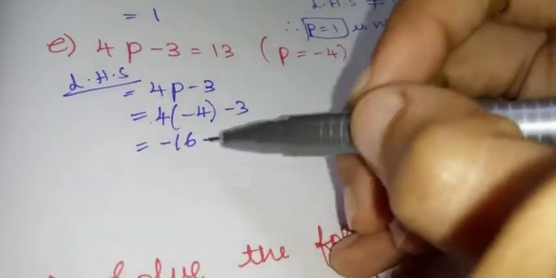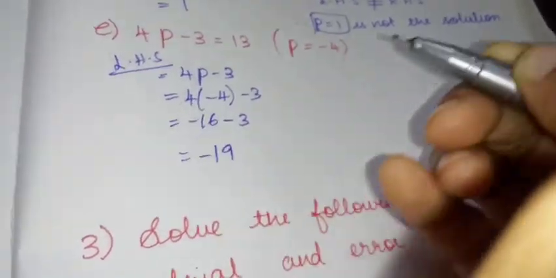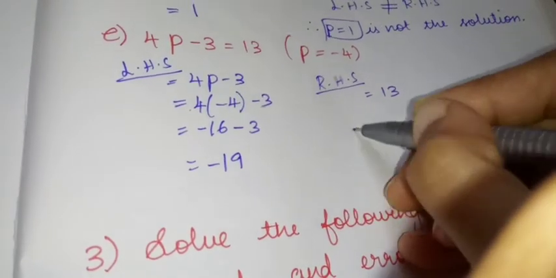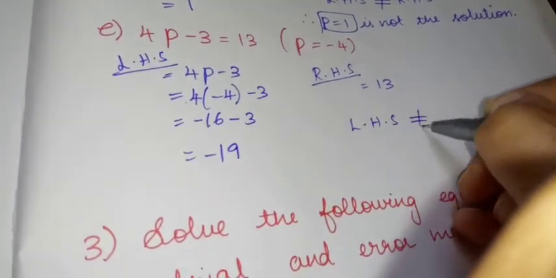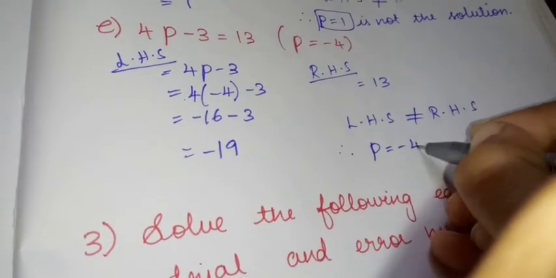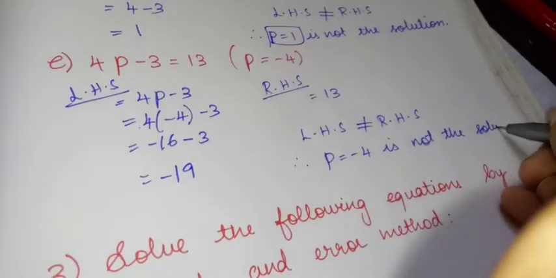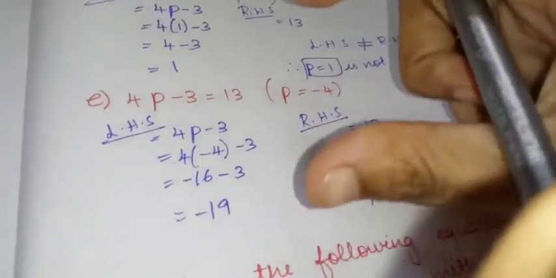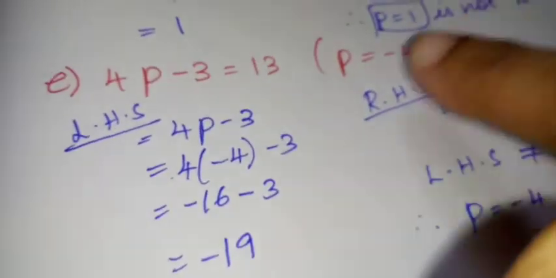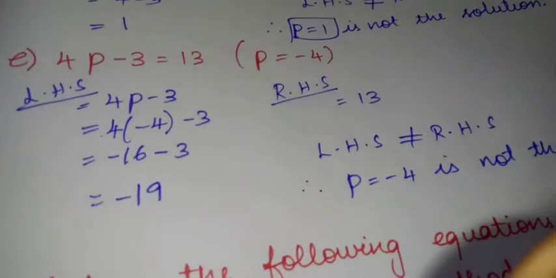This minus 3, same sign, so added. 16 plus 3 is 19, minus 19. What is the RHS? 13. So LHS is not equal to RHS. Therefore, p is equal to minus 4 is not the solution. Understood? We are substituting the value in this LHS and RHS and finding that both the answers are different. So, we are saying this is not the solution for that equation.